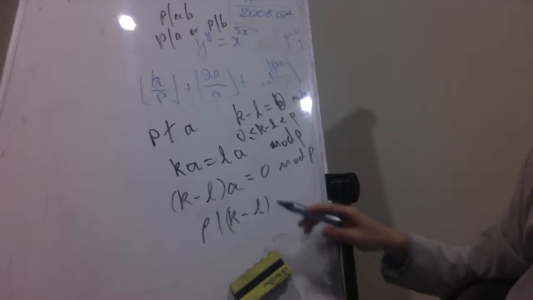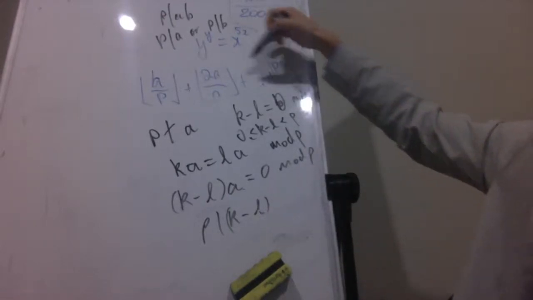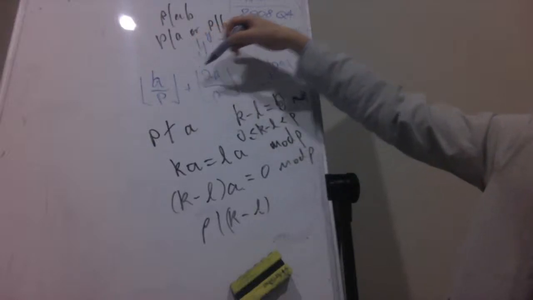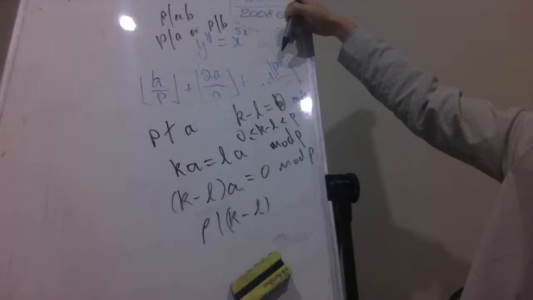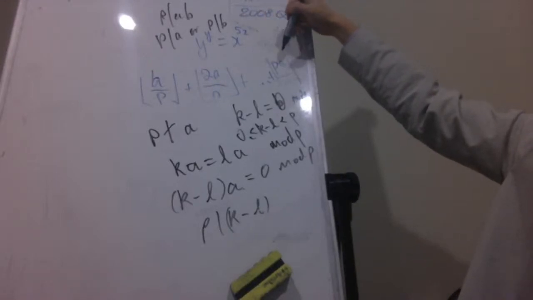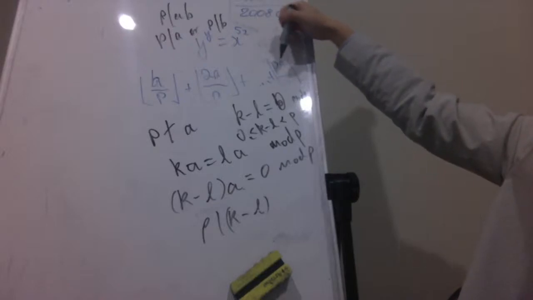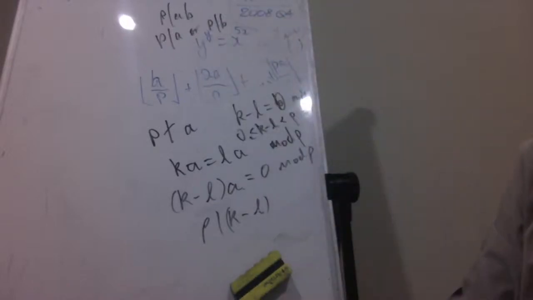So basically, none of these remainders are equal, yeah? But there's exactly P of them, isn't there? So they must be all the numbers from 0 to P minus 1. Does that make sense?